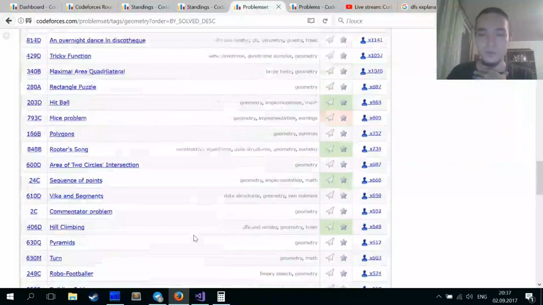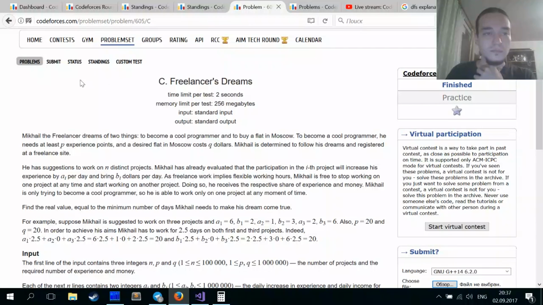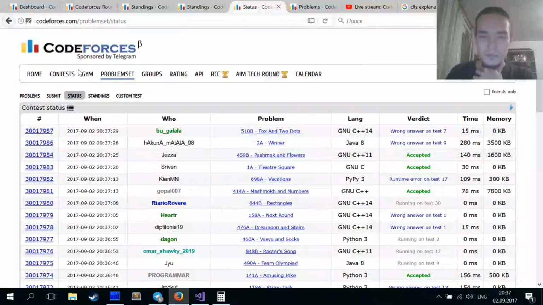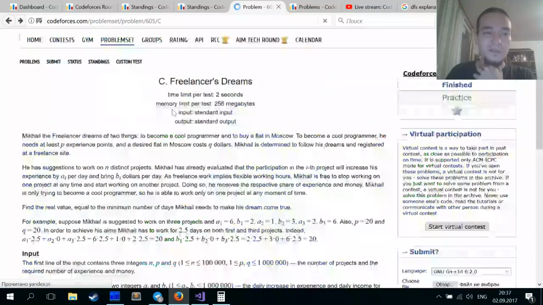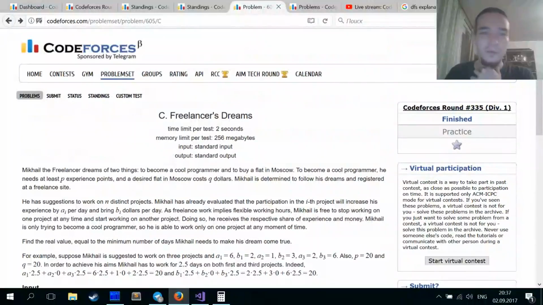So you open some problem, maybe some other one. Never mind. Okay, that didn't work, but you can probably filter by the accepted solutions for any particular problem and look up the code.